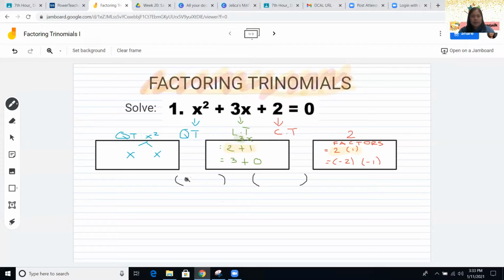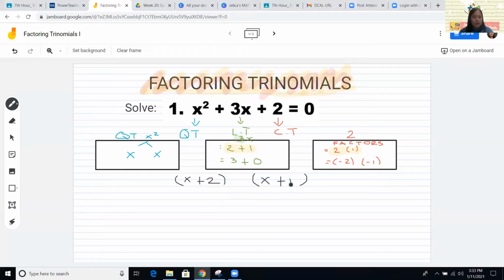So we have x in here, we have two x's, x and x. After that, we write the common numbers that satisfy the constant term and the linear term in terms of factors and addends. So we have positive 2. Don't forget the plus sign. If it is negative, use a minus sign. If it is positive, use a positive sign. And then the other one is positive 1. There you go. Those are the factors.